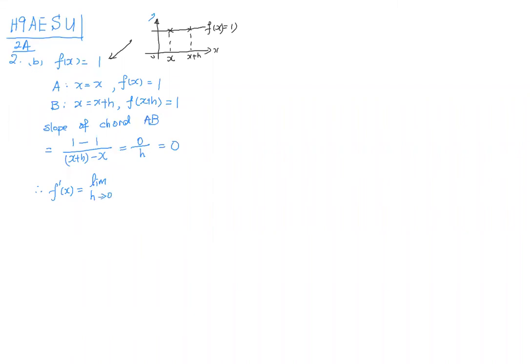So what is my slope of the chord? Christopher, what is the slope of the chord AB? 0. Yeah. I write down so that you know why I put 0 here. So it is the limit as h tends towards 0 of 0. So the answer is 0. That's it.